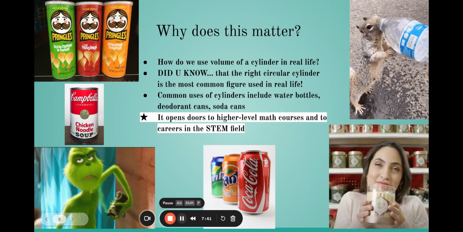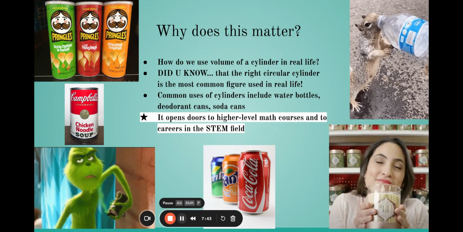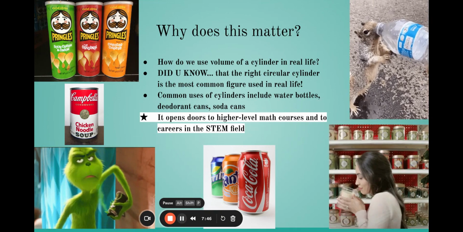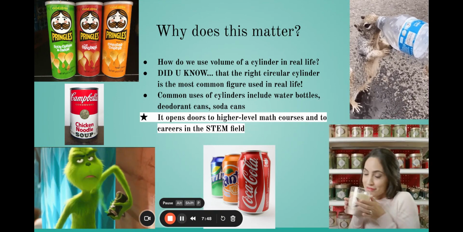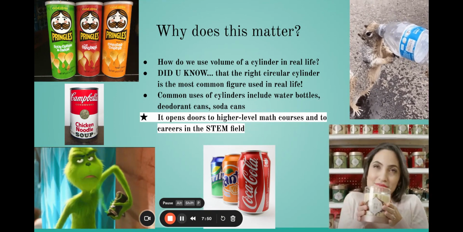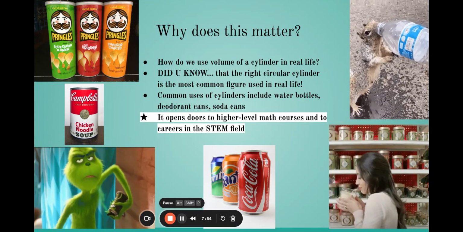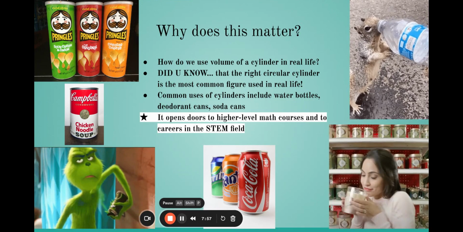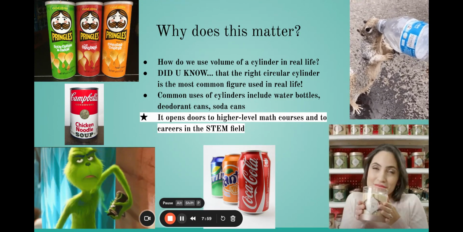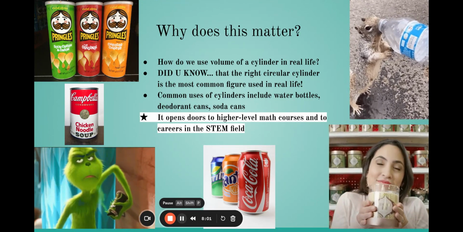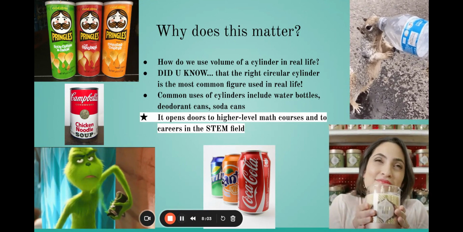We have cylinders all around us. Did you know that the most common figure used in real life is the right circular cylinder? We use it for things like water bottles, deodorant cans, soda cans, and understanding volume really opens the doors to higher level math and careers in the STEM field.